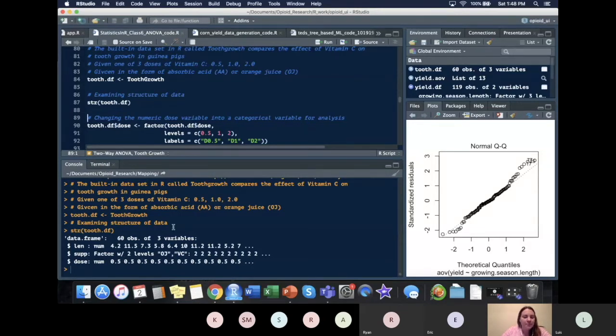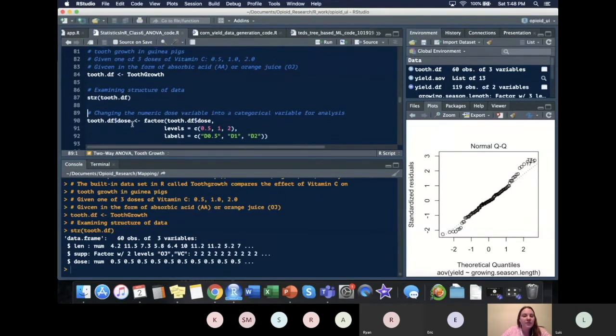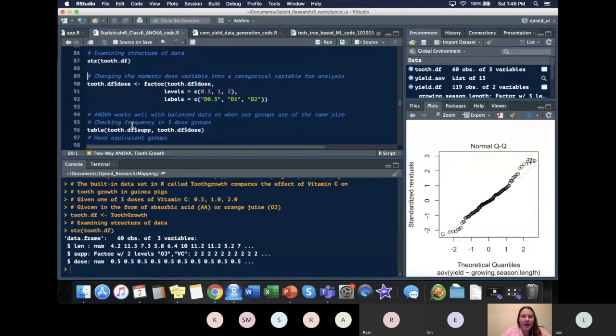You're going to notice that this is a numeric variable here. We're actually going to convert that to a categorical. So since it is basically just 3 different values, that's why you can use this as a categorical variable. If it was continuous between 0 and 10 and had a bunch of decimal points and they were all different, you would not be able to do this.